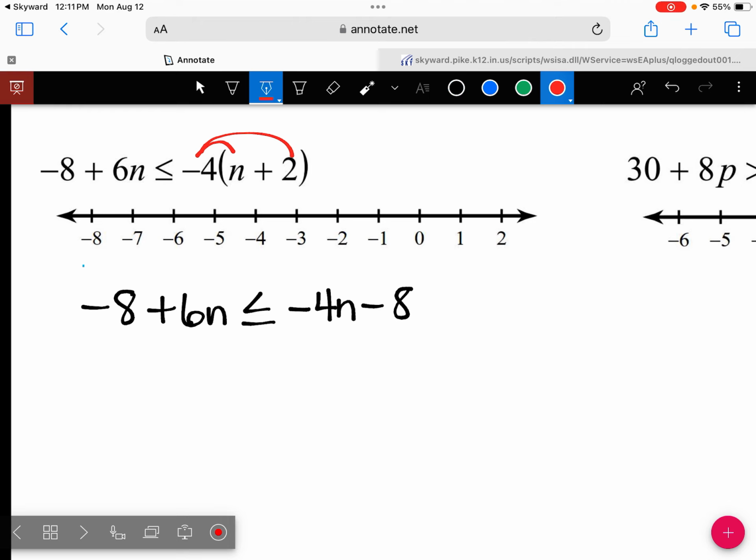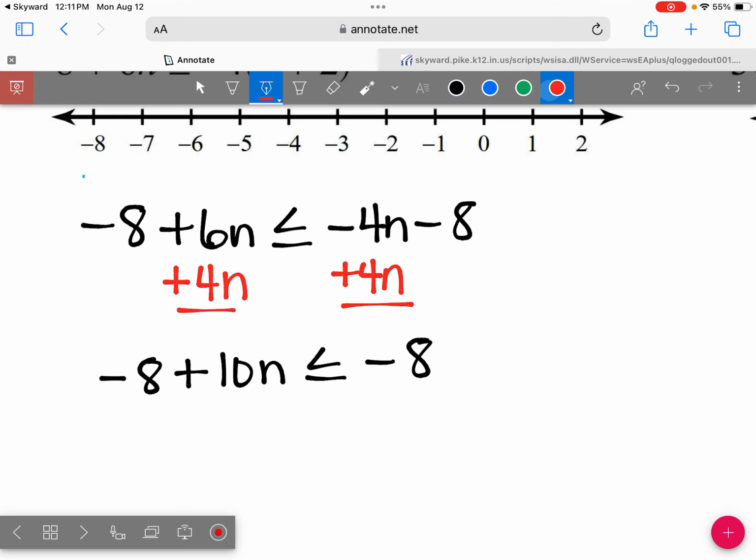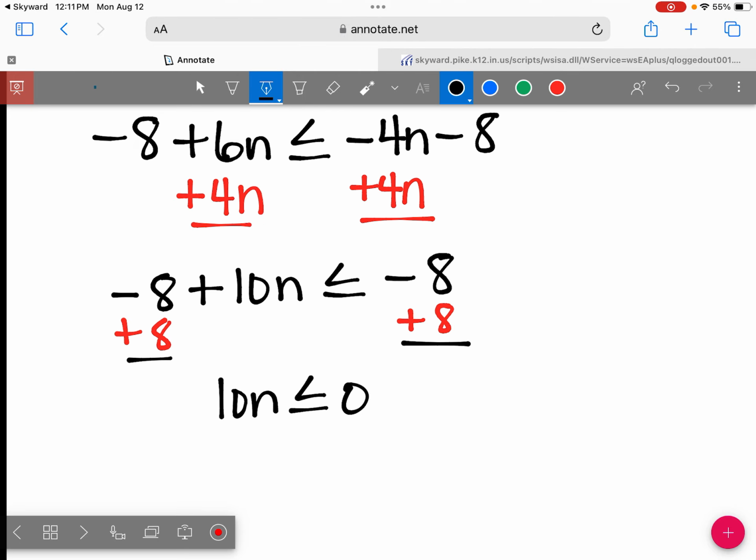And then what I did next was I added 4n to both sides, which gave me negative 8 plus 10n is less than or equal to negative 8. And then when I add the 8, I get that 10n is less than or equal to 0. And then I divide both sides by 10. N is less than or equal to 0.